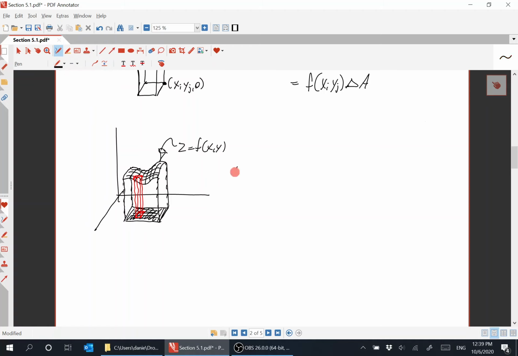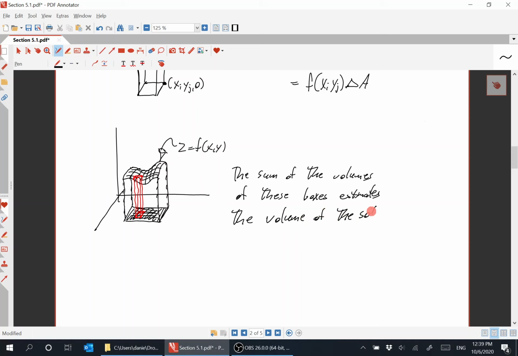So the sum of the volumes of these boxes estimates the volume of the solid. All right, and that estimate is what? It's a double sum: the sum over i equals 1 to n, the sum over j equals 1 to m, of f(x_i, y_j) delta A.